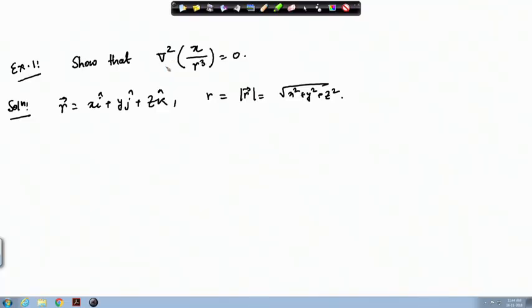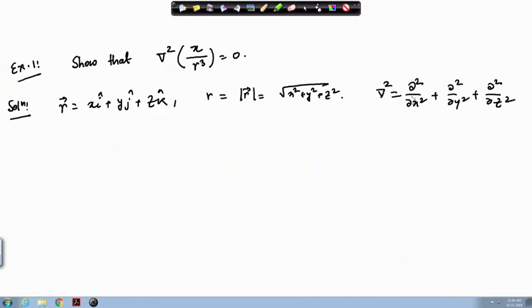All right. Now, this nabla square is basically your Laplacian or Laplace operator. We know that this Laplace operator is del square by del x square plus del square by del y square plus del square by del z square.